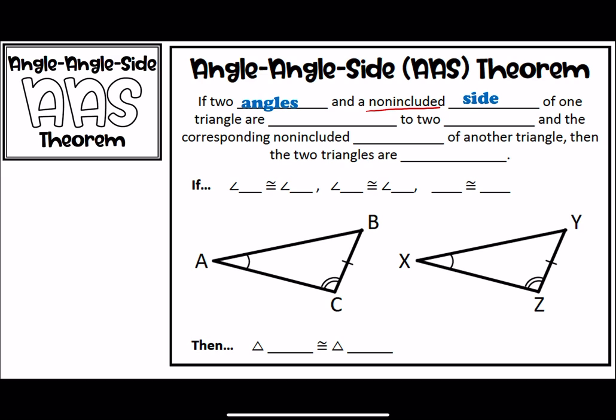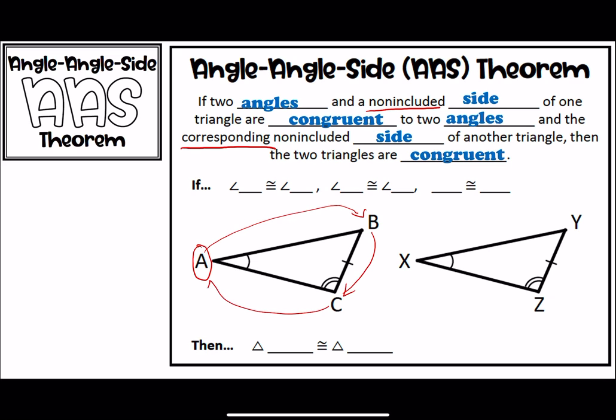And if you've got two angles and a non-included side of one triangle congruent to two angles and a corresponding non-included side, by the way, of another triangle, then the two triangles are congruent. So same thing like we did last time. I'm going to go from 1 to none to 2, back to 1, 1 to none to 2, back to 1.